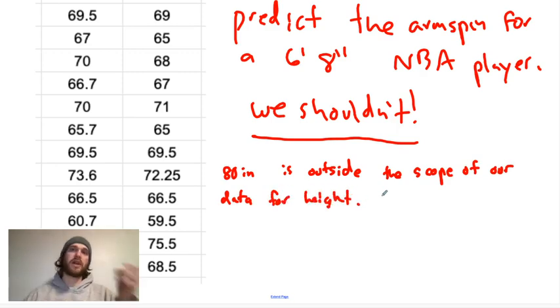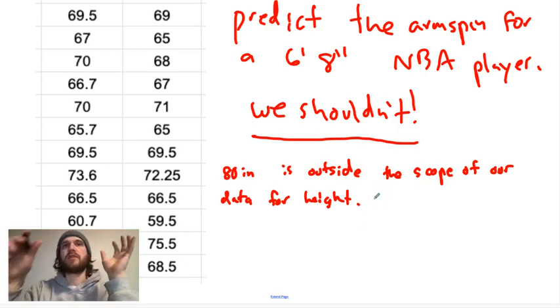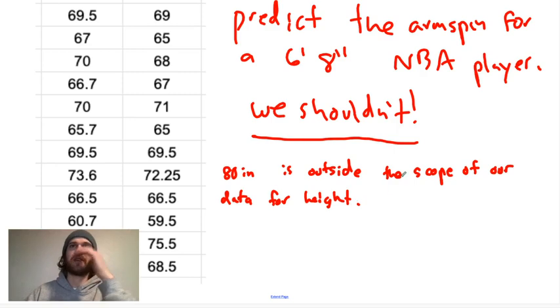We didn't measure anyone that was even close, or kind of close. 75 is pretty close, but we didn't measure anyone that was 80 inches tall. So the whole idea here is this is extrapolation, right?